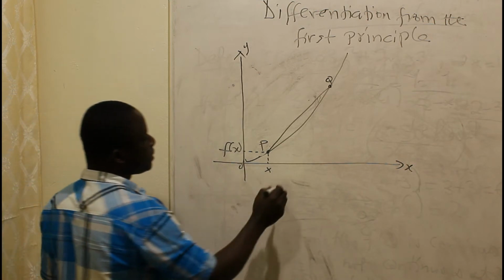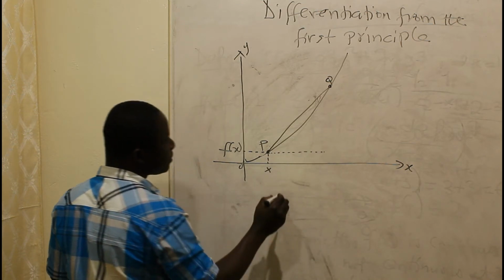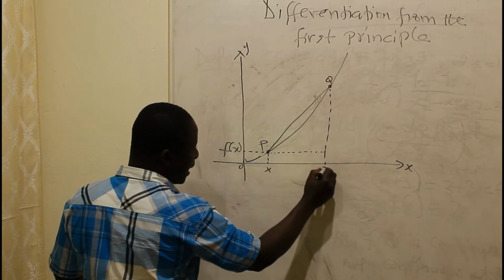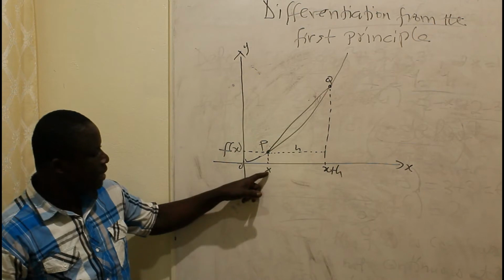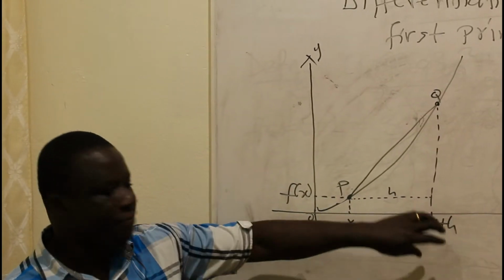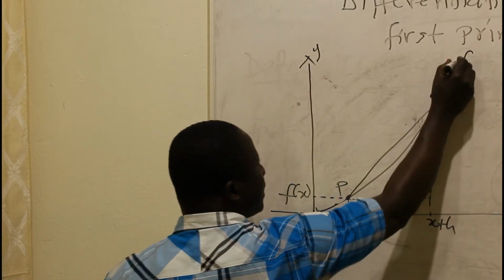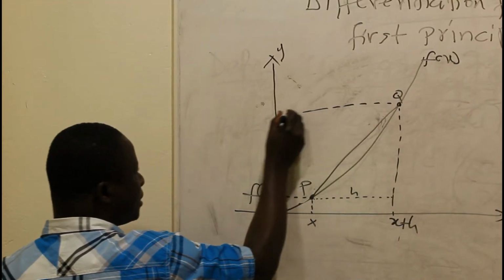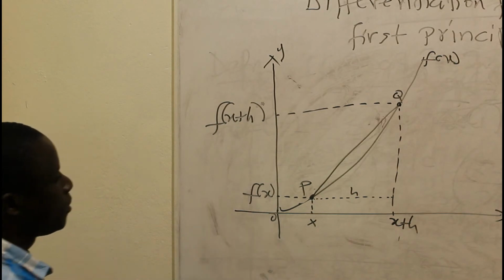Then, if from here there is a small change in x, then the value for x here will be x plus h, because x has moved an additional interval of h. So the value at this point will be x plus h. And when x plus h is evaluated in the function, we produce f of x plus h.